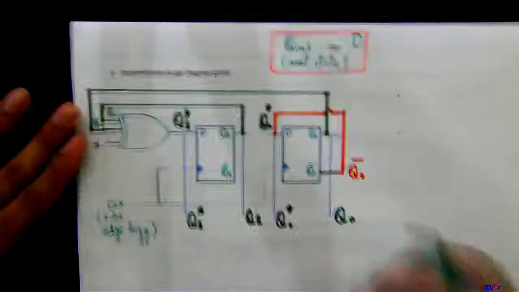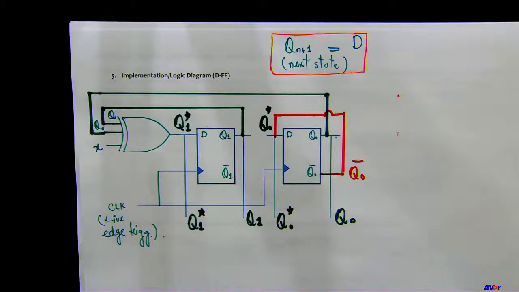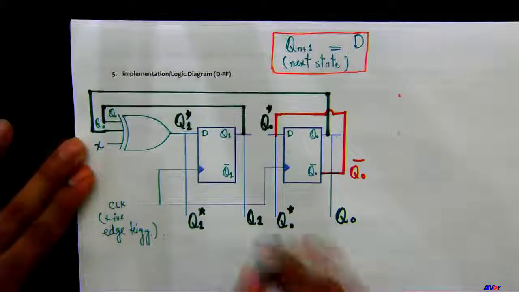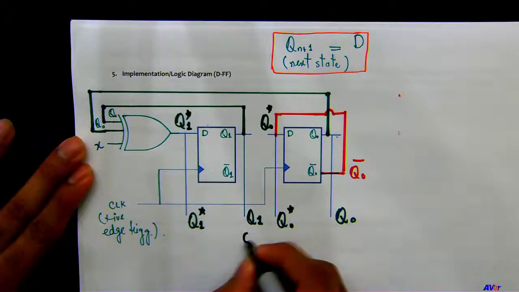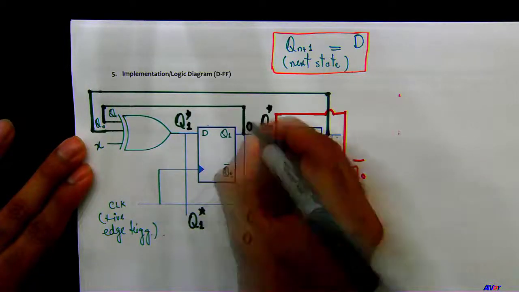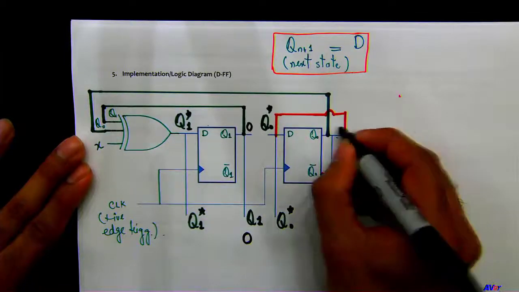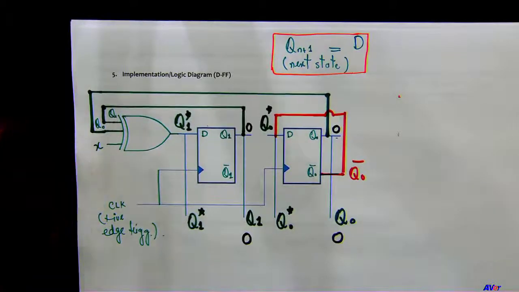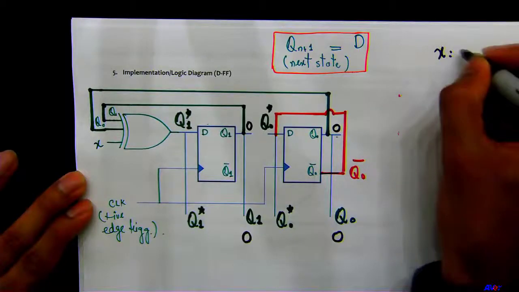Okay, so say you have present state is 0 0. That would mean you have 0 here, and then you have 0 here. We're trying to implement and verify our logic here. What do you want to choose for your input? Count up. So that would be x equals 0 was up, right?